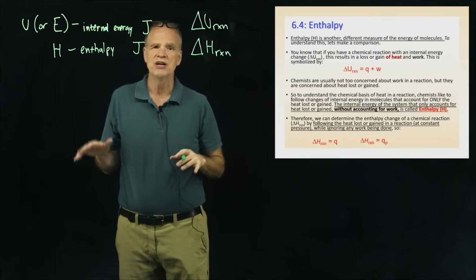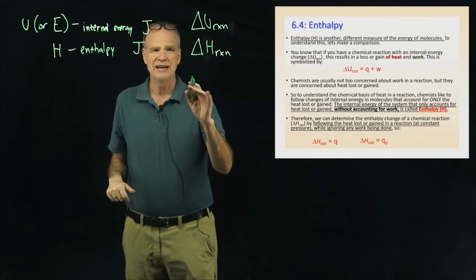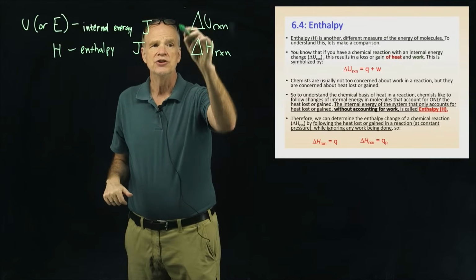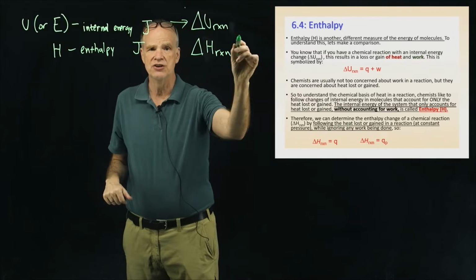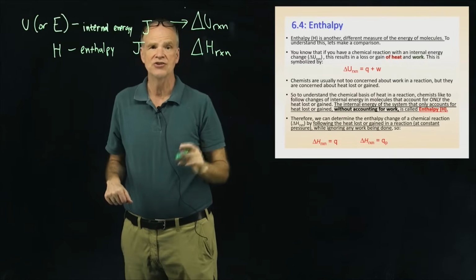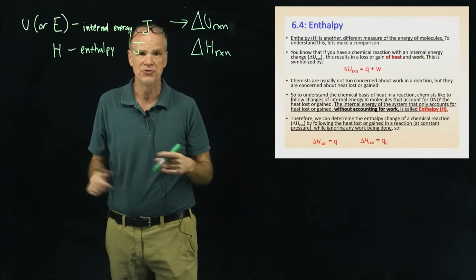To explain the differences between enthalpy and internal energy, I think it's easier to focus on the differences between the change of internal energy of a reaction versus the change of enthalpy of a reaction. So that's what I'm going to talk about now. Let's think of a simple example.